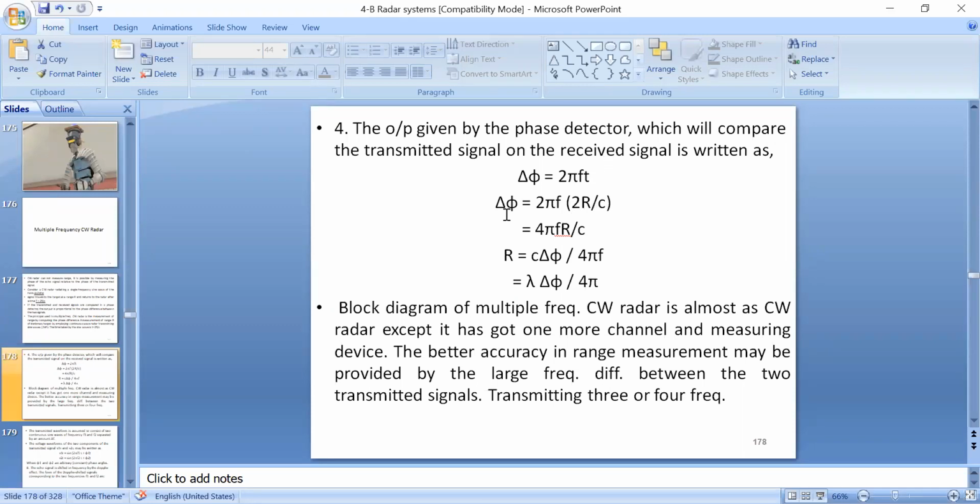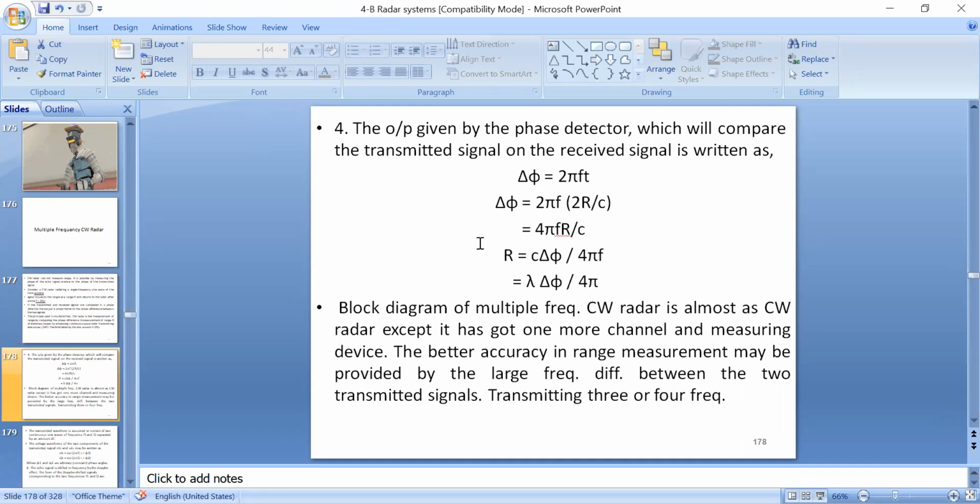Now bring R: R equals c delta phi by 4 pi f. So now it becomes lambda delta phi by 4 pi.